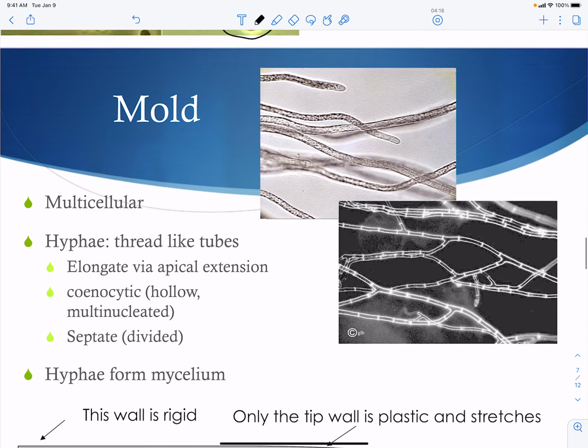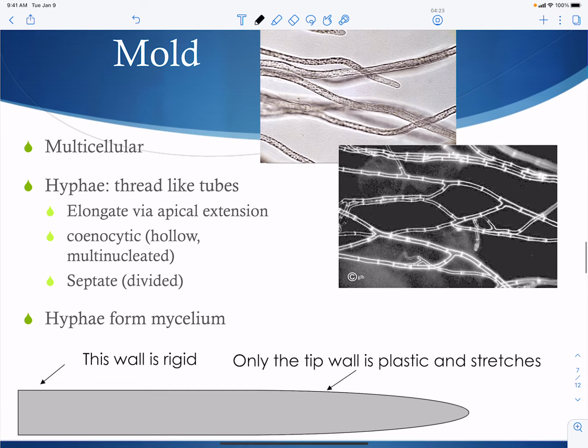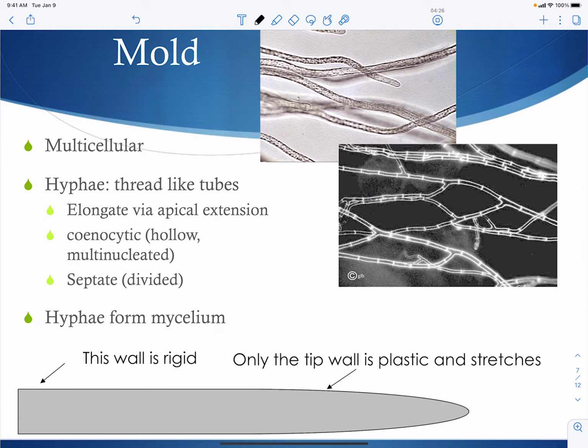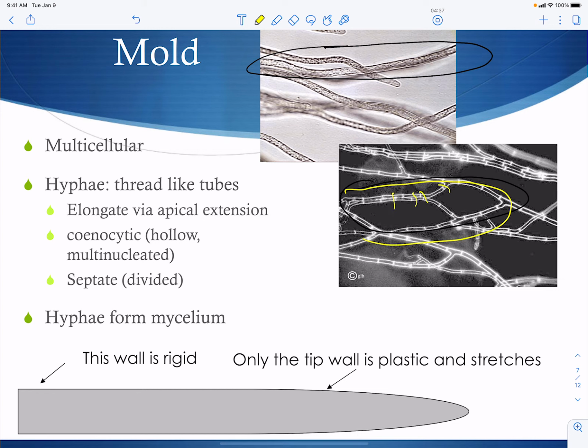Now, our molds, on the other hand, are going to be multicellular, and they are going to have these string-like structures that are called hyphae. Some of the hyphae you can see have these little breaks in them, and so they look almost compartmentalized. And so those are referred to as septate hyphae. They're divided.